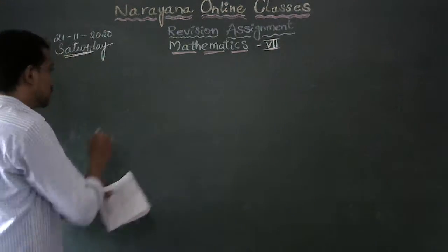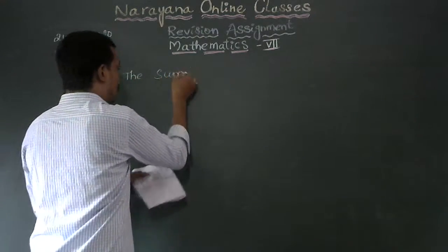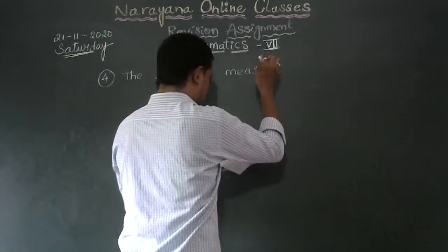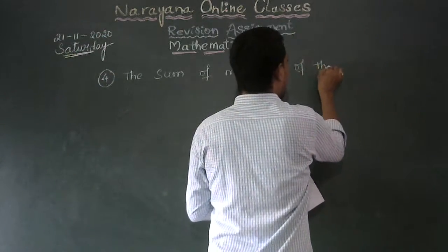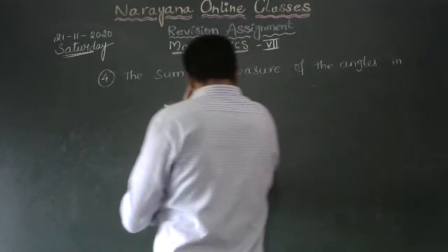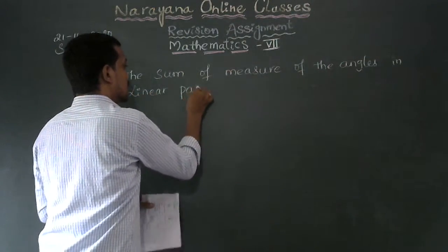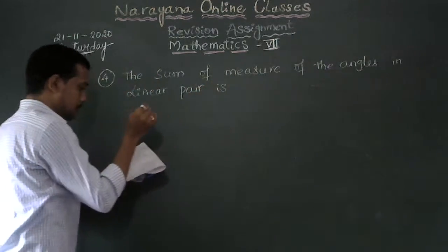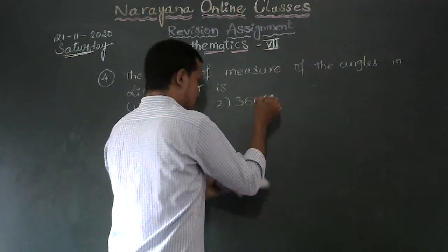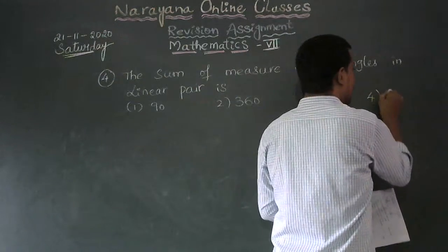Now fourth one. The sum of the measure of the angles in a linear pair is: first one 90, second one 360, third one 180, fourth one none.